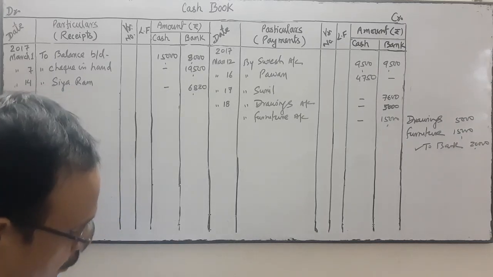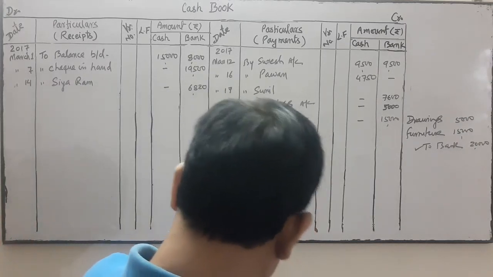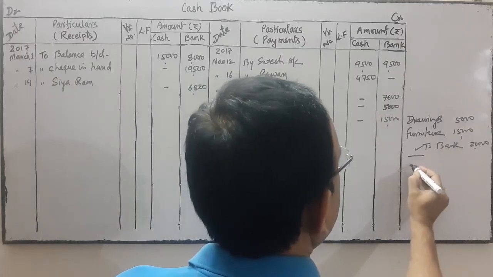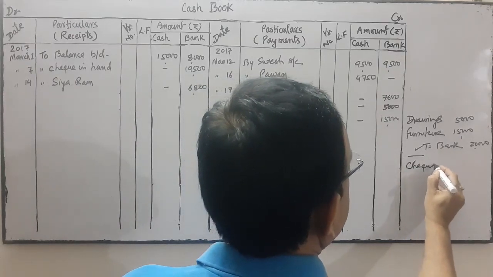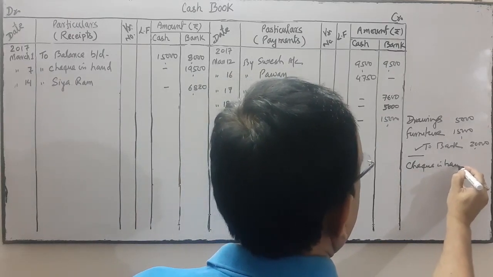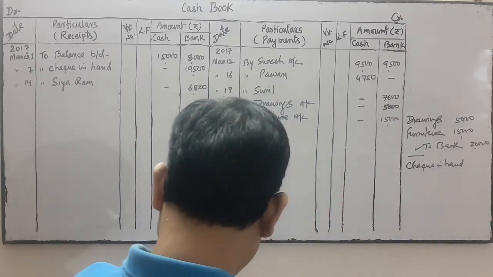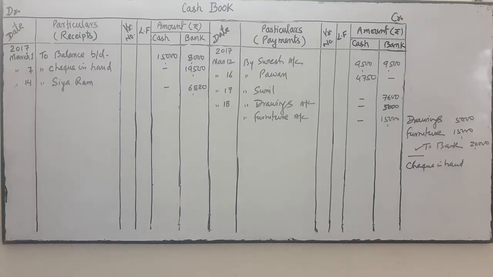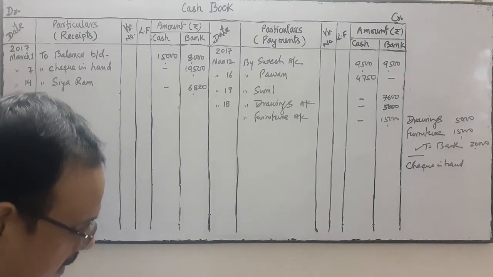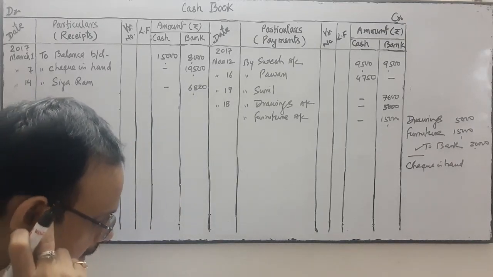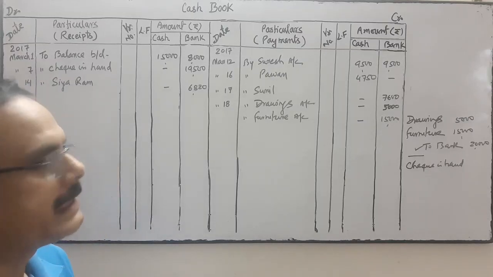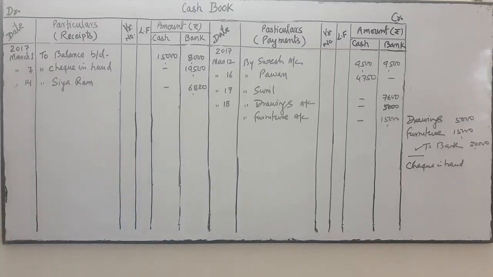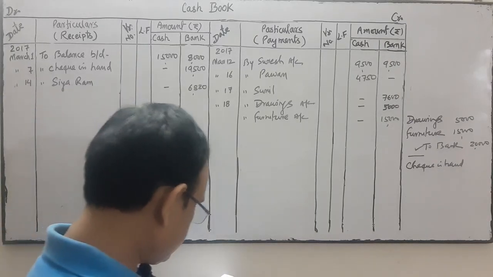Whatever cheque you have received, that cheque is not deposited into the bank. So cheque in hand account debit. Received a cheque from Ravi for rupees 2,850 in settlement after deducting 5% discount.